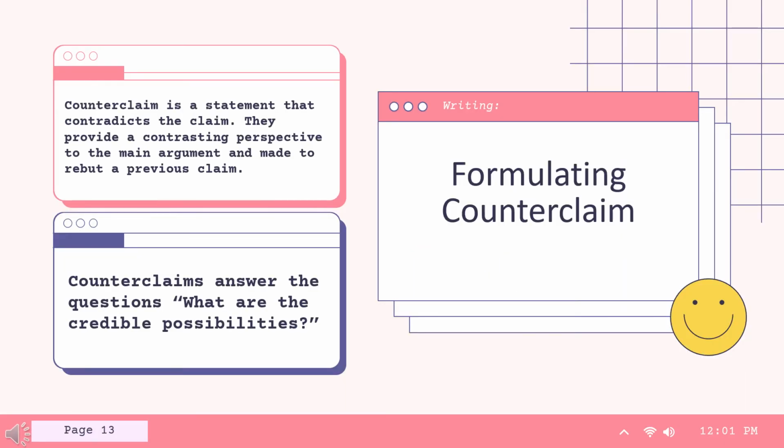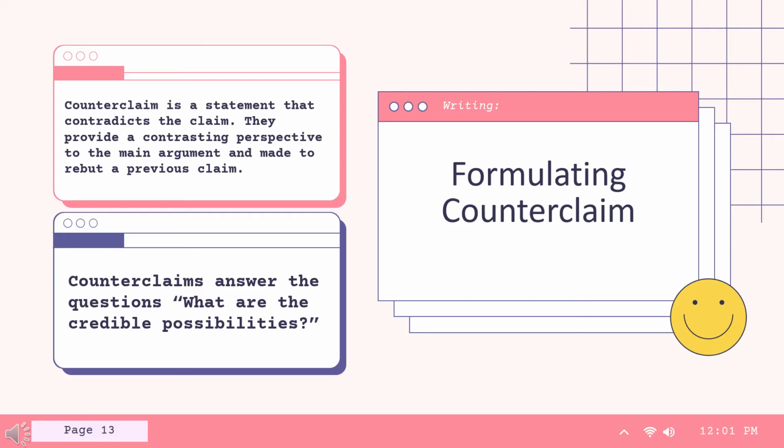Next part of our discussion is all about formulating counterclaims. A counterclaim is a statement that contradicts the claim. It provides a contrasting perspective to the main argument and is made to rebut a previous claim. It is like you are opposing someone's viewpoint.